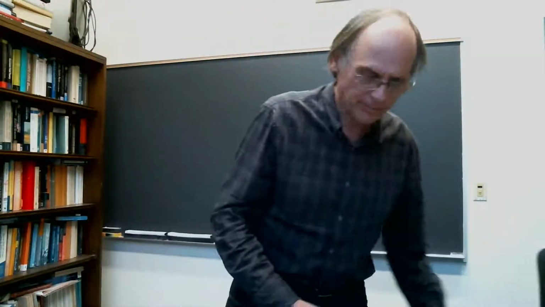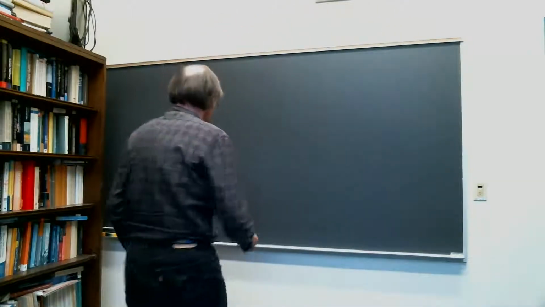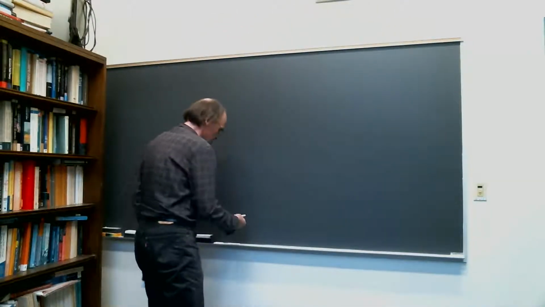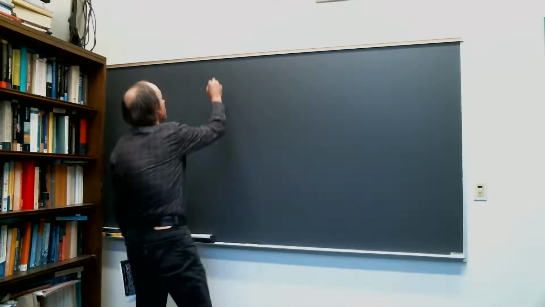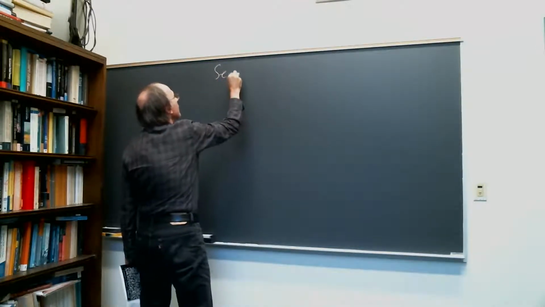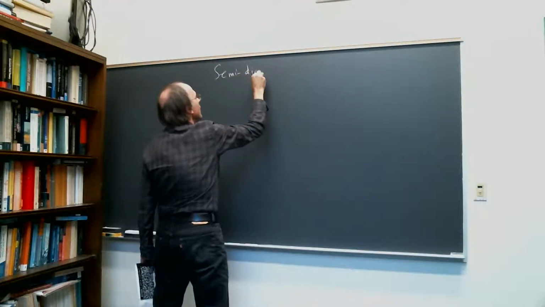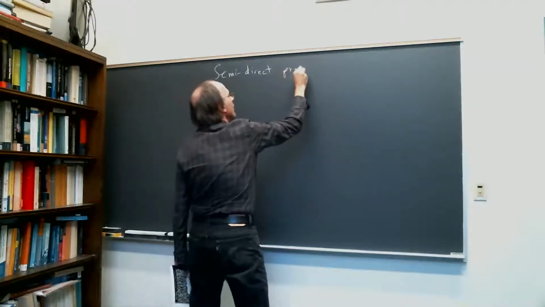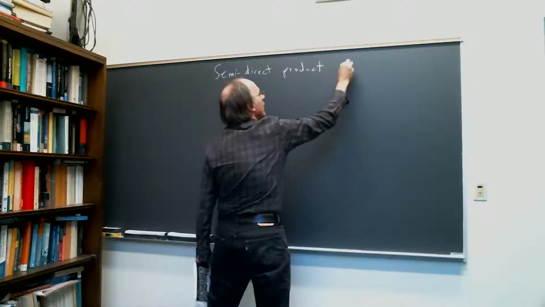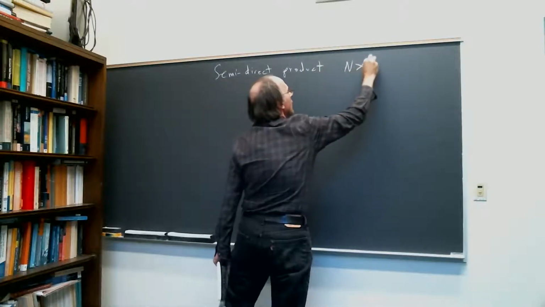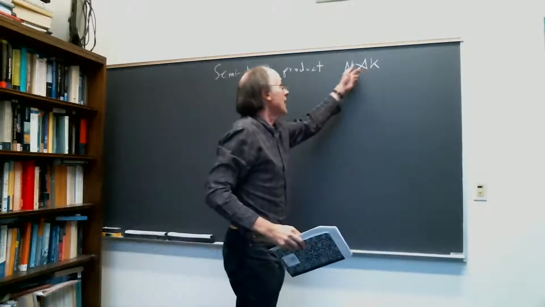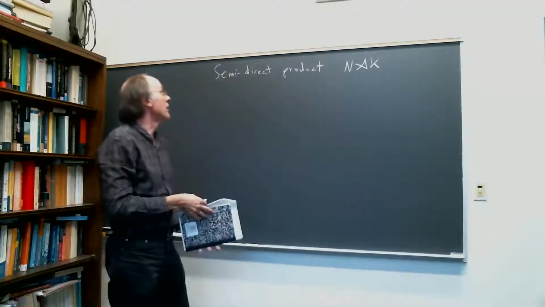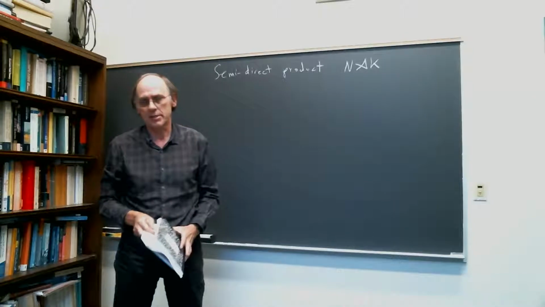So, the story I was telling you before. The general question is: if you have a semi-direct product of two Lie groups, where K acts on N by automorphisms, what can you say about the representations of these things?